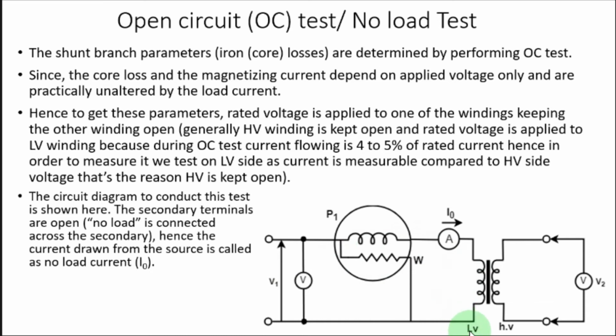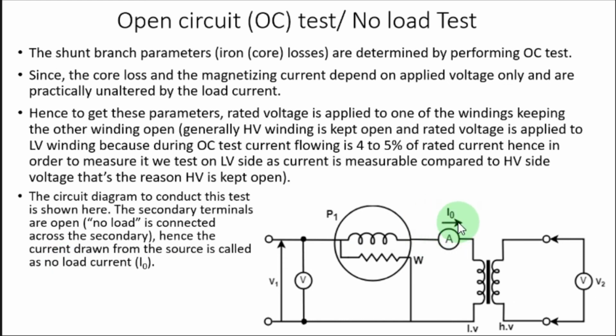So now this is the low voltage side, where we are applying the rated voltage, and the secondary side, the high voltage side, is open circuit now, right? So when it is open, we say no load is connected. Hence the current drawn from the source is called the no load current, and normally we denote it by I naught.